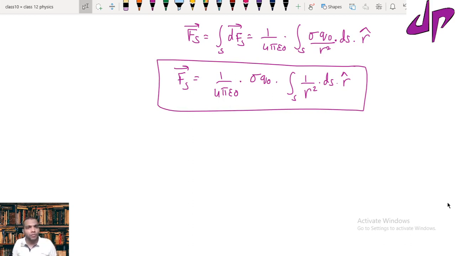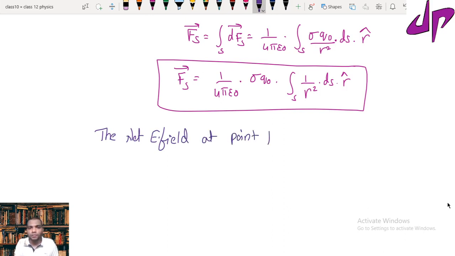Once we find out the force, we can easily figure out the net electric field at point P. The electric field due to the surface equals force per unit charge, so we have to divide by the unit charge.